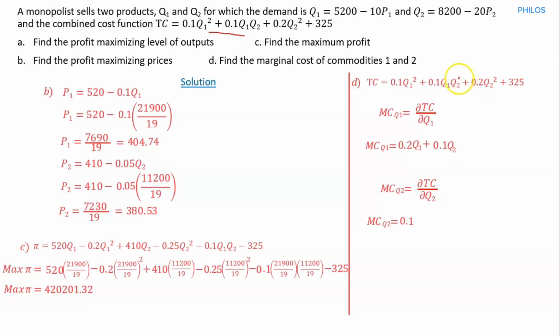So Q2 exponent 0 is 1, and 1 times Q1 remains Q1. Plus, Q2 has an exponent of 2 here. So 2 times 0.2 gives you 0.4, and Q2 exponent 2 minus 1 is 1, so it remains Q2. So marginal cost of commodity 2 is 0.1 Q1 plus 0.4 Q2. So that's the final answer to this also.